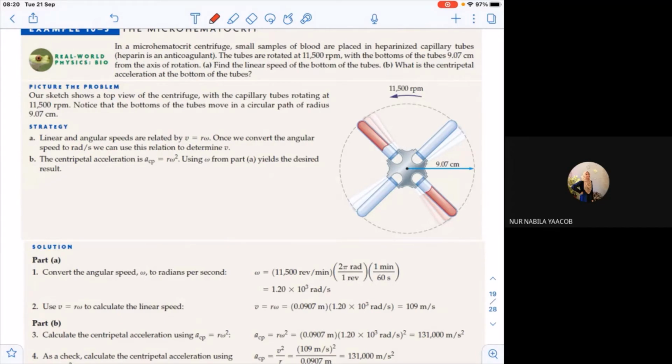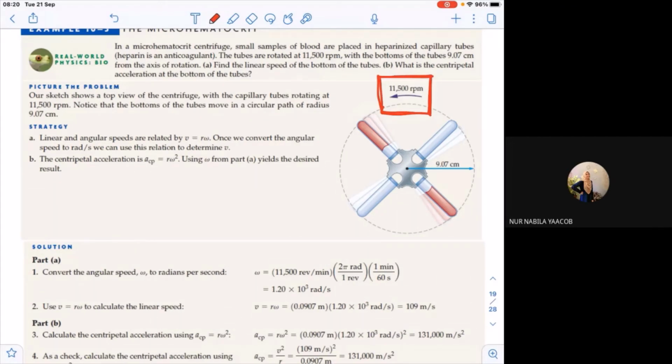You should know that a centrifuge is used if you want to make the blood go around at a very high speed, like 11,500 revolutions per minute.